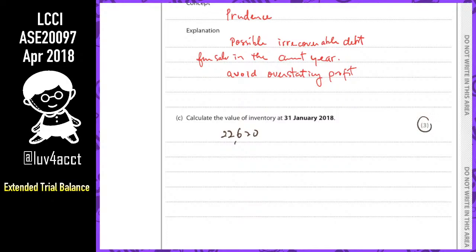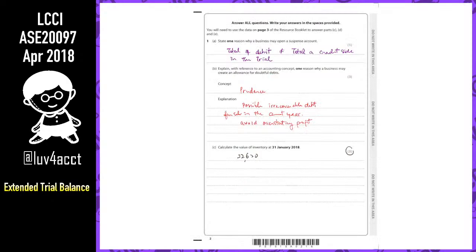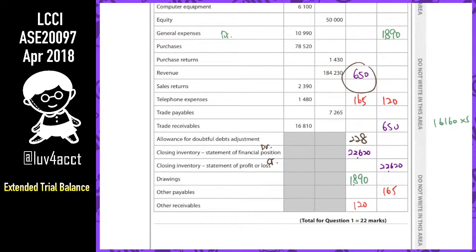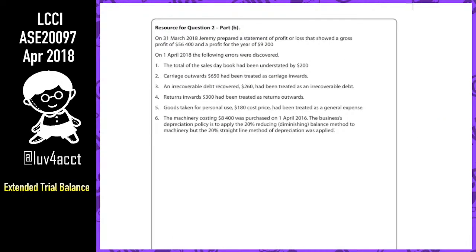It says 3 here, but it consists of a few things. I skipped one component, that is 1 mark, and the second mark would be here, the revenue and sales returns thing. I am willing to give up this amount for what I think is correct.